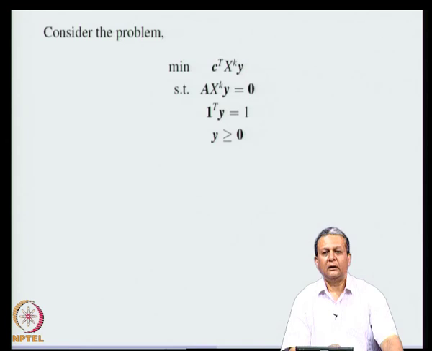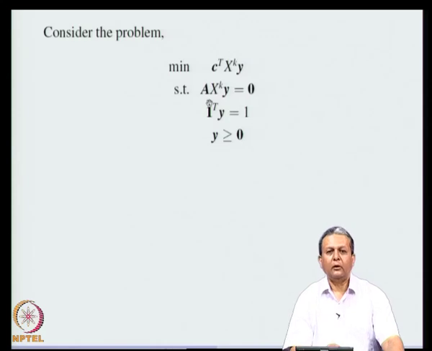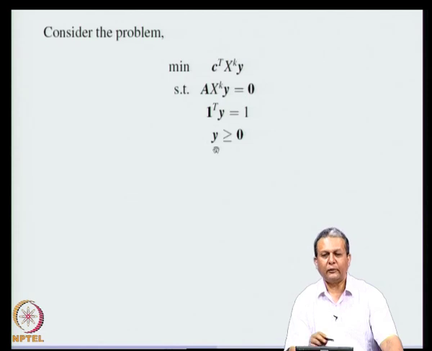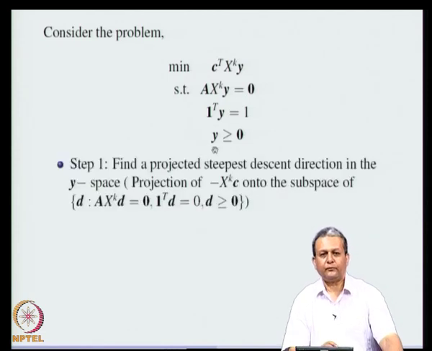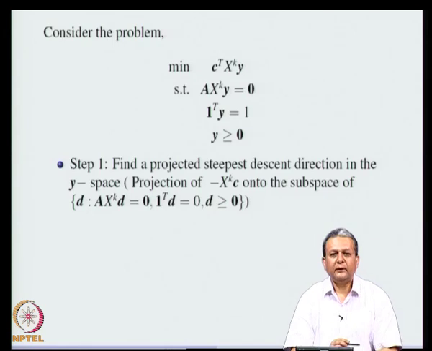So, that is the steepest descent direction, but then we have to project that direction onto the null space of the matrix A xk and 1 transpose put together, and we also have to make sure that d is greater than or equal to 0. So, the first step is to get a projection of the steepest descent direction minus xk c onto the subspace where d satisfies A xk d equal to 0, 1 transpose d equal to 0 and d is non-negative.